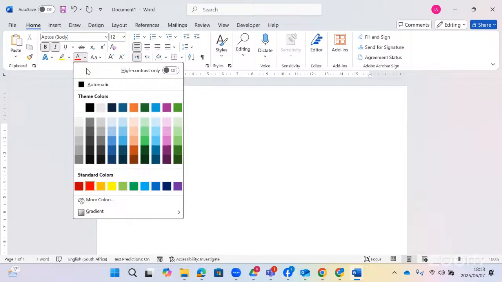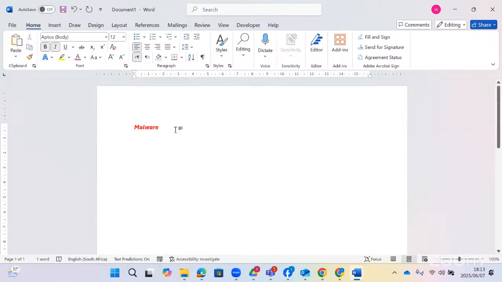Then you state their function. A malware that disrupts the normal function of a computer. So when you are marking, if it's 2 marks, the first tick is here, the malware, followed by what it does.